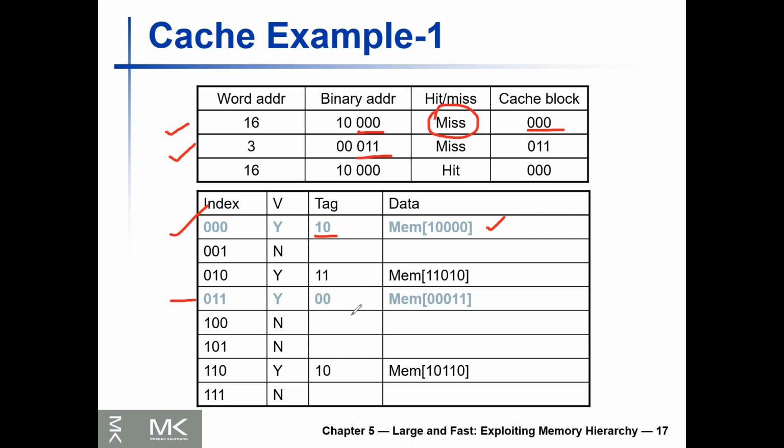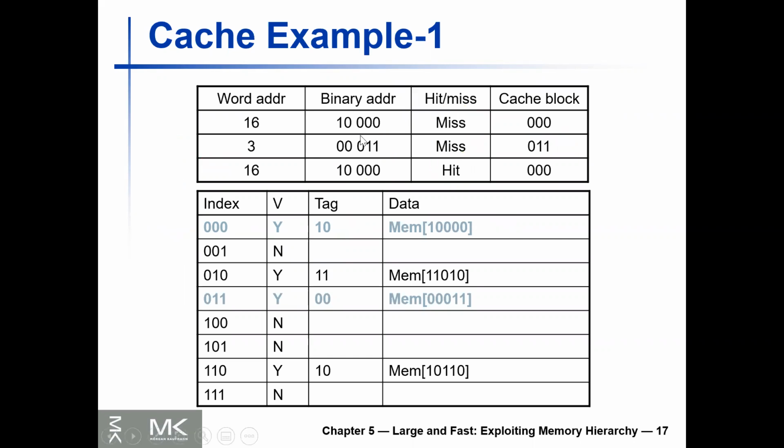Again there is no data, so this is a miss. Now you are again accessing address 16. This time, if you go there, you will see that the same tag and the data are already there. So it is a hit this time.